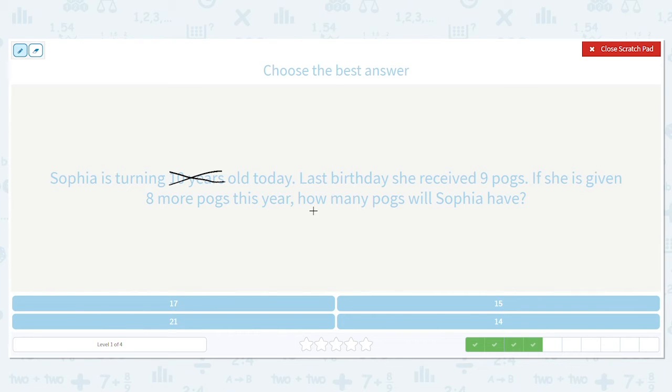No, you don't. Last birthday, she received 9 pogs. 9 pogs is important. If she's given 8 more, important information. How many? How many means what? Add or subtract? Add. So what are we adding here? 9 pogs plus 8 pogs equals how many in all?